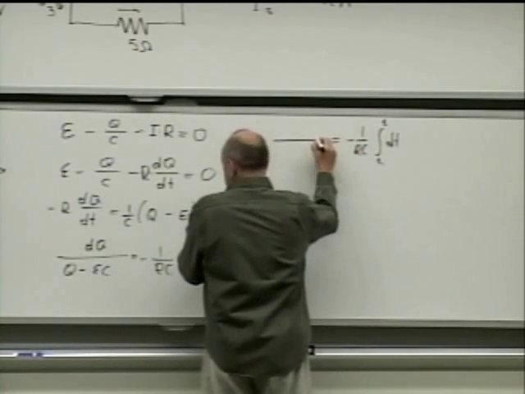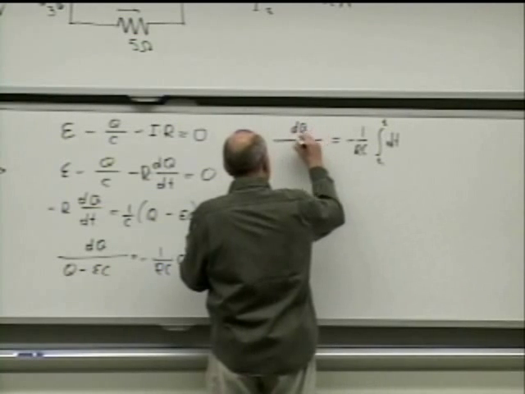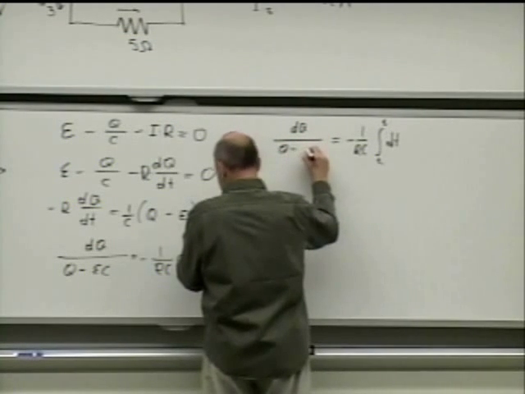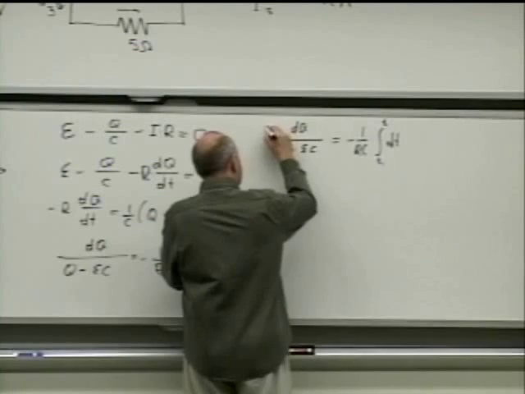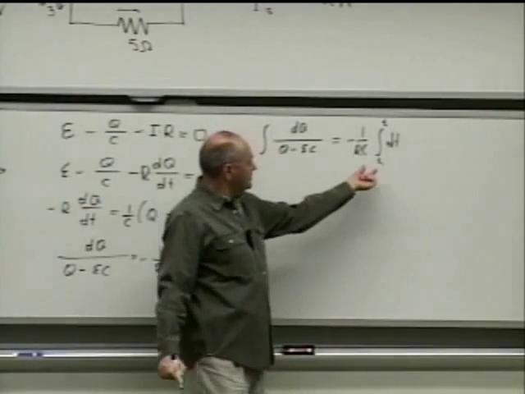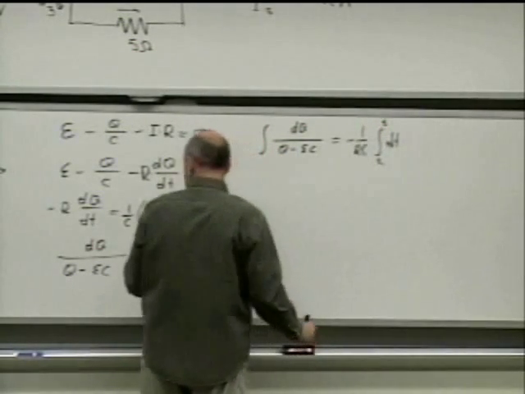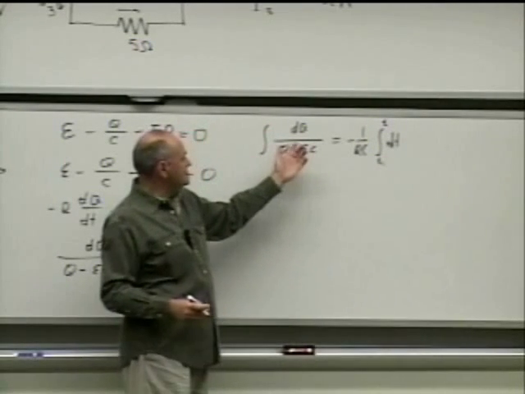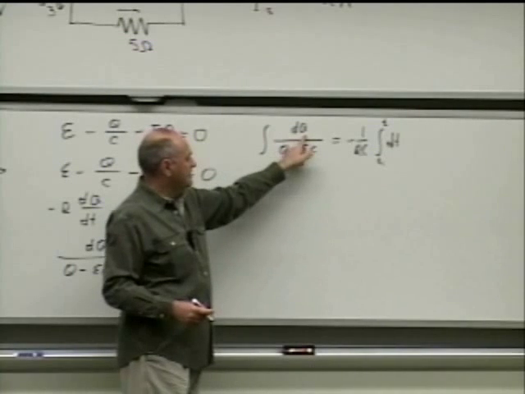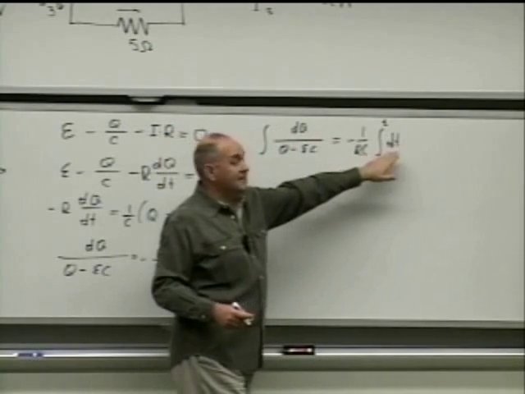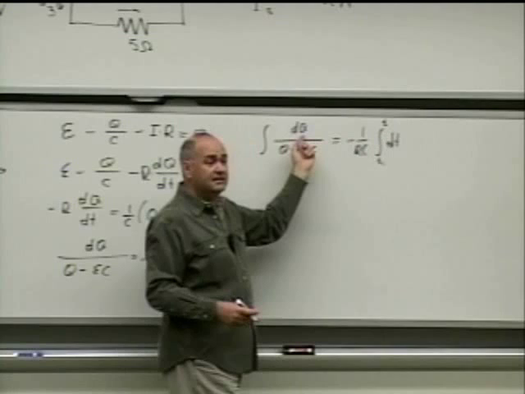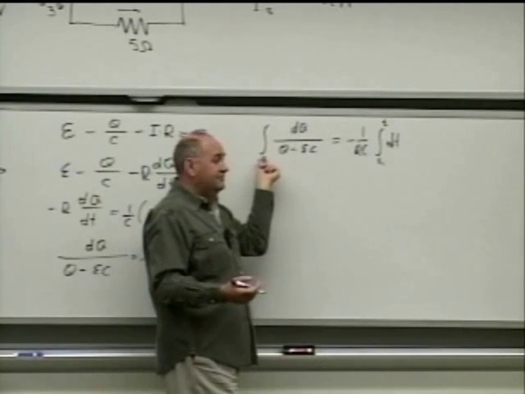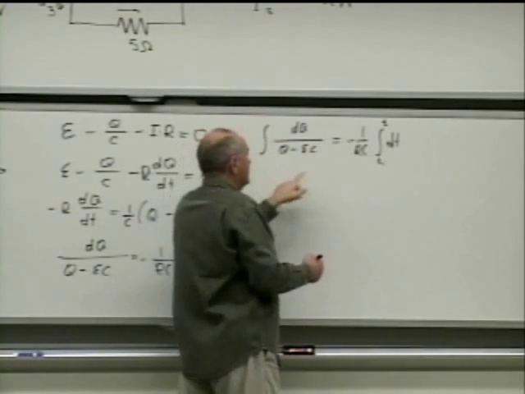On the left-hand side, therefore, I will have dq over q minus epsilon C, and the integral has to correspond to the same values. Now the variable of integration on the right-hand side is time. On the left-hand side it is charge. So I have to have values of charge over here.